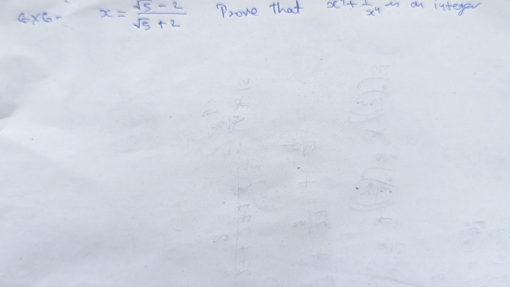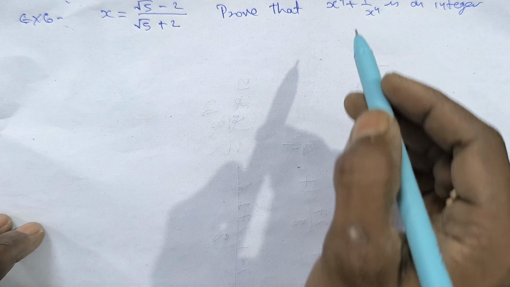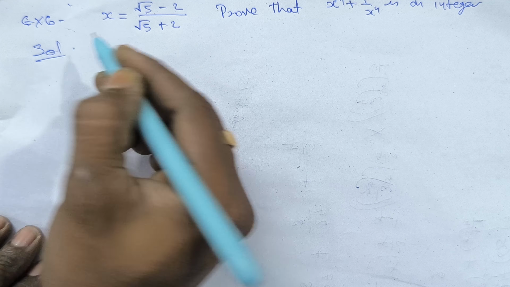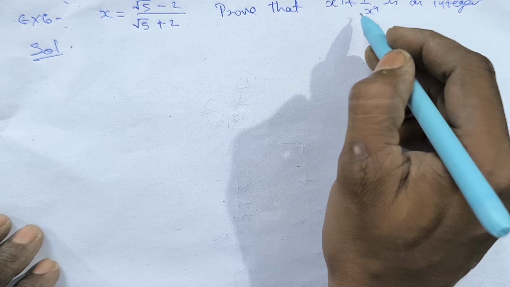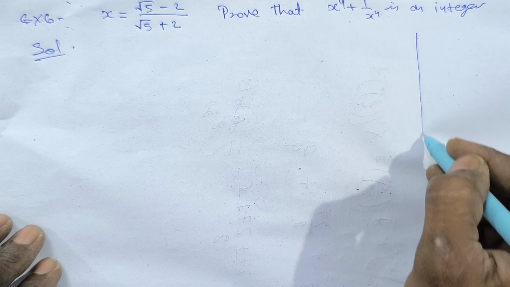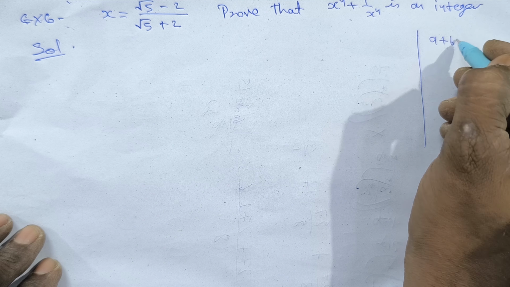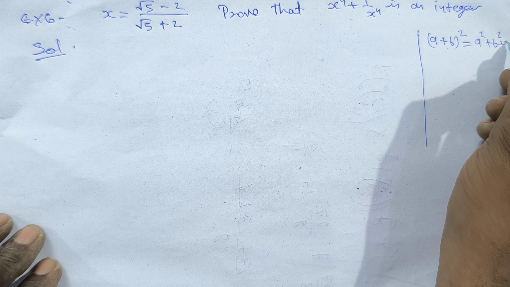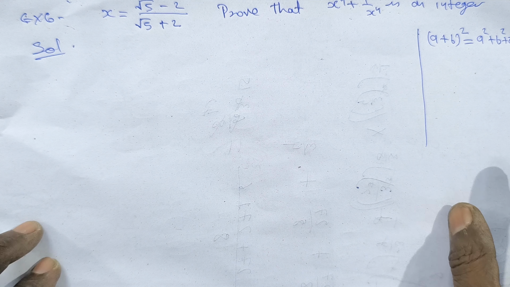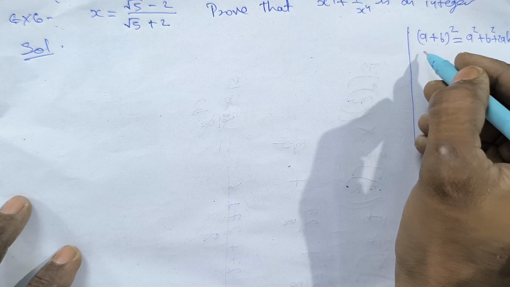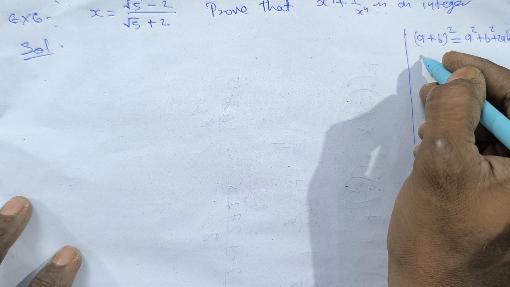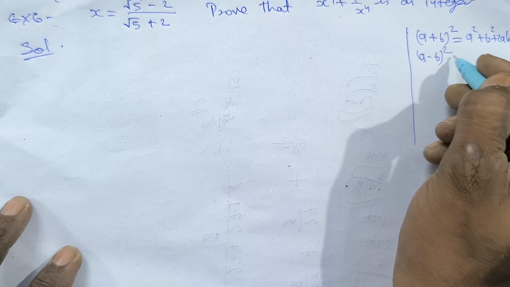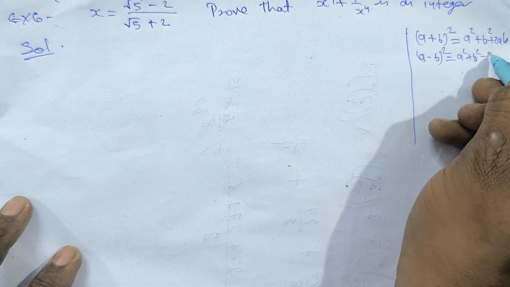Okay, integer, you know, so we just need to find x power 4 plus 1 upon x power 4. Whenever you see such a type, we know the formula of a plus b whole square, a square plus b square plus 2ab, and a minus b, a square plus b square minus 2ab.